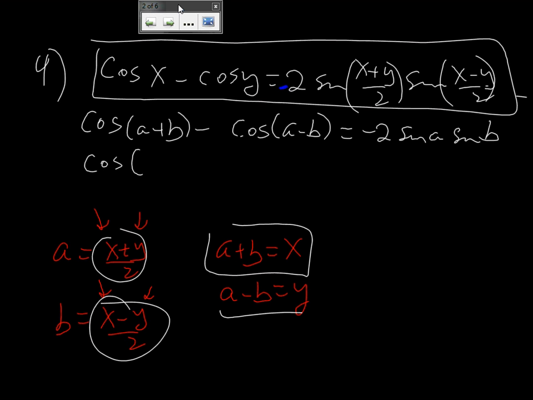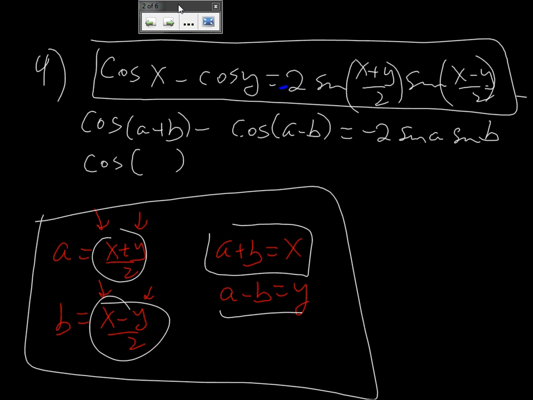Cosine of a plus b. Going to use the same substitutions. A plus b is x. Okay. It is what it is. Cosine of a minus b. A minus b is y. And it equals negative 2 times the sine of a. Well, a is x plus y over 2.